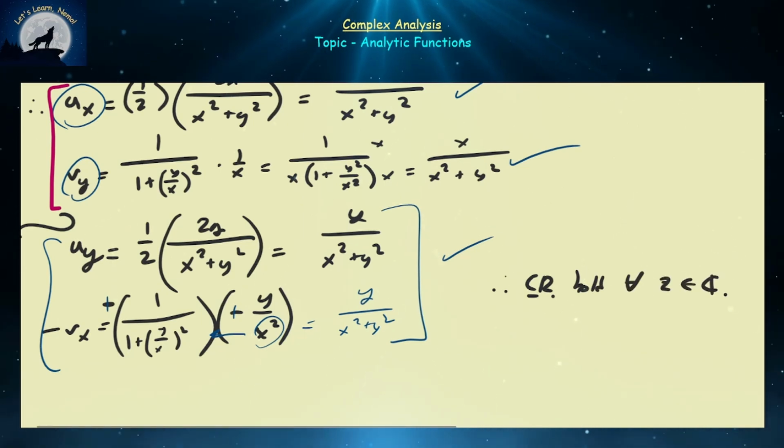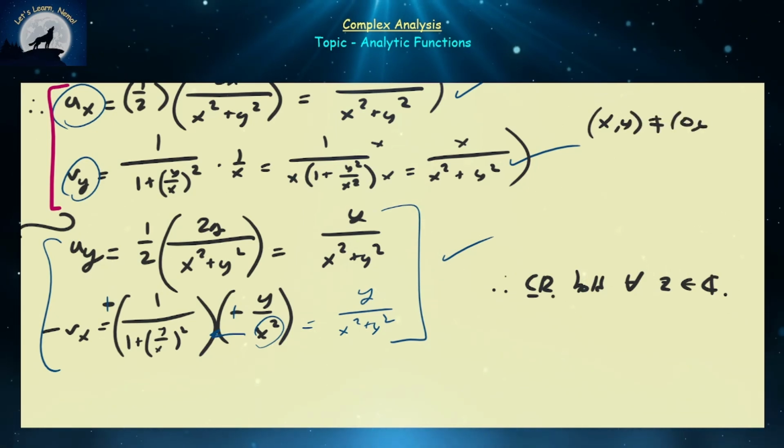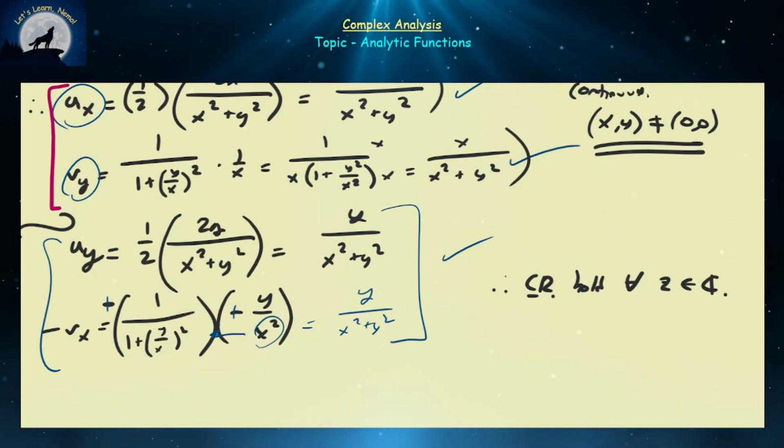Also, if you look at these particular functions, these are rational functions that are going to be continuous as long as (x, y) does not equal (0, 0). So these are going to be continuous for all z in C with z not equal to 0.